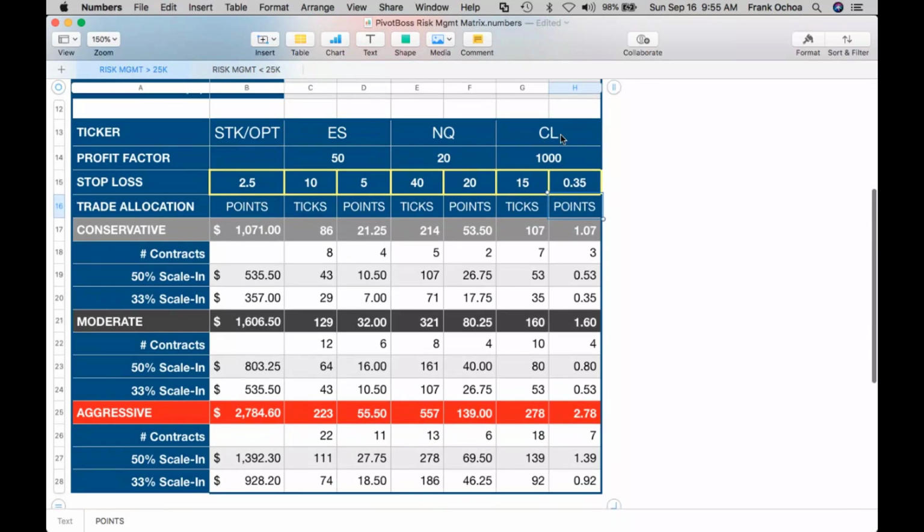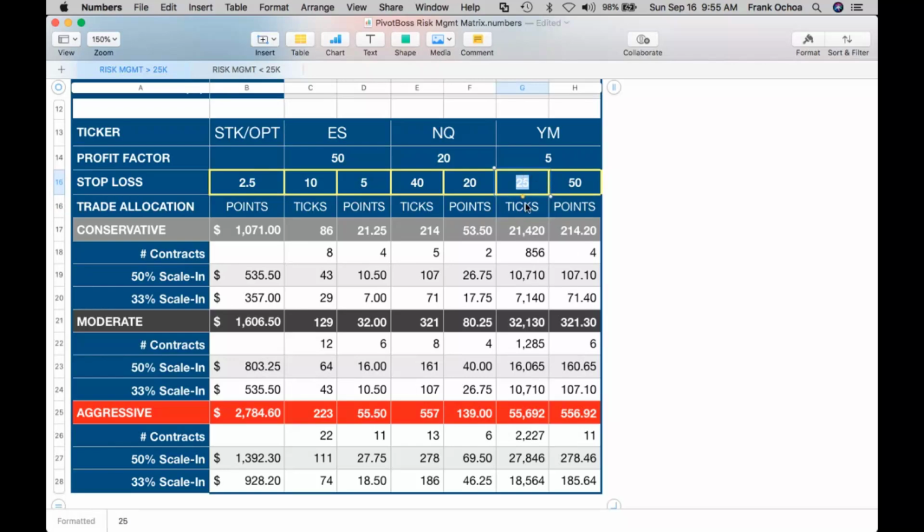Now, if you don't trade crude oil and instead you want to trade, say, the YM, then you would type YM right here, and then right here for the profit factor, each point for the YM is $5. So the profit factor would be 5 in this case. So now with a profit factor of 5, over here, say you want to risk, say, 50 points in the YM, or say 25 ticks over here, which is also points, then you would be able to trade X amount of contracts, right?